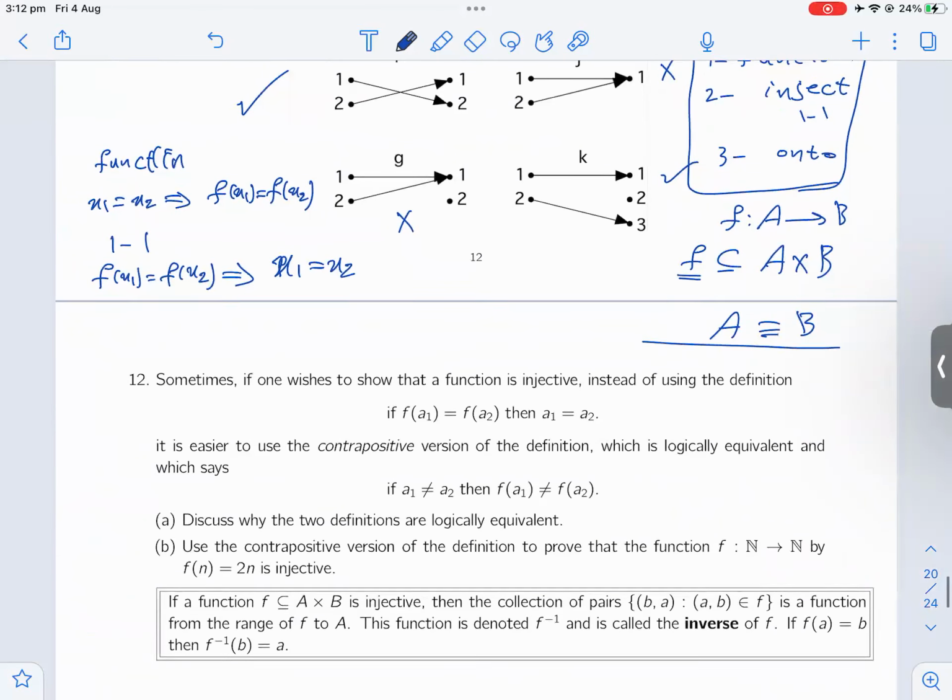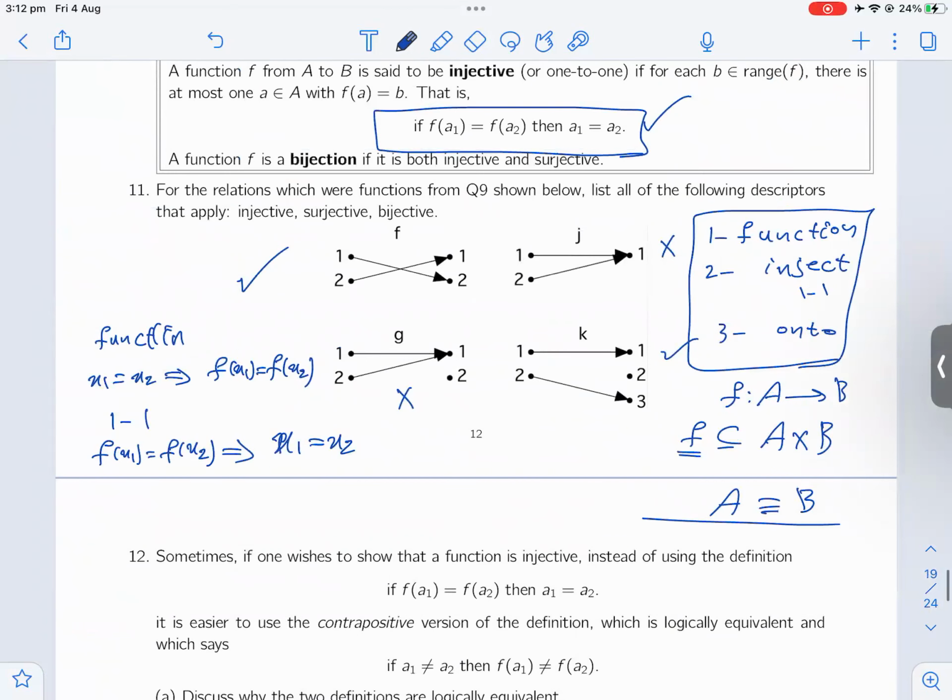But question 12. So you can understand K is not surjective here. So this guy is not, there is no bijection from here to here.